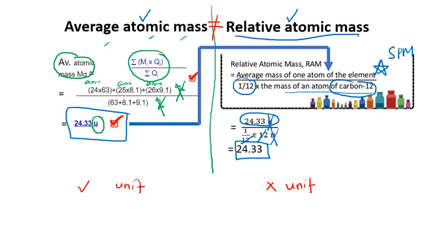At the same time, we also notice the similarity: the value is 24.33 for average atomic mass, and for relative atomic mass the value is also still 24.33. So in other words, this step makes the unit disappear. That means we cancel out the unit.